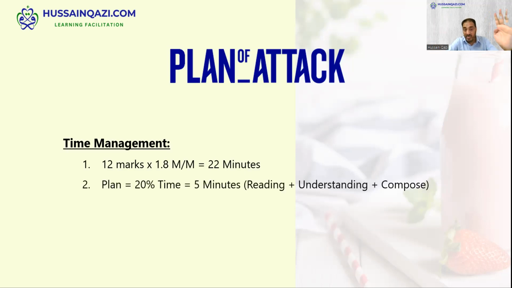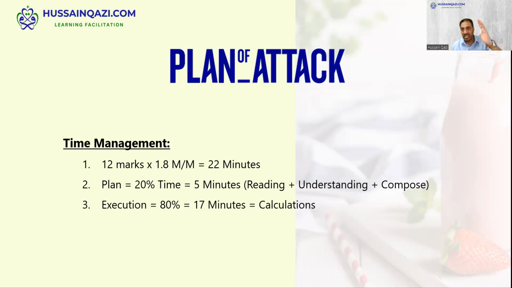You invest 20% of the time, that means 5 minutes, for proper reading, understanding, and composing your mind. And 80% of the time you must invest for the calculation, for execution. Make sure that you complete your question within the time frame.